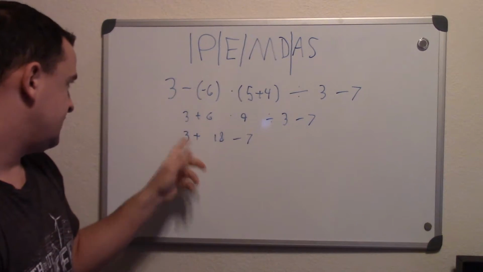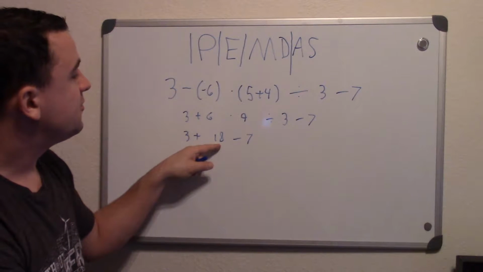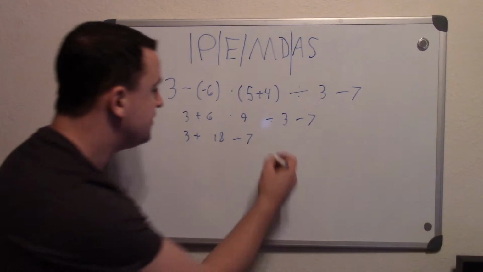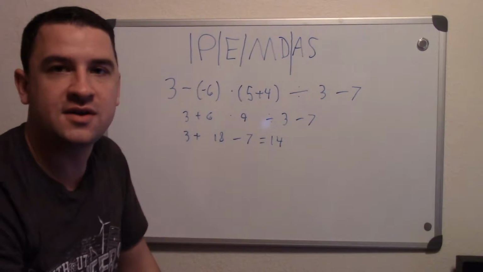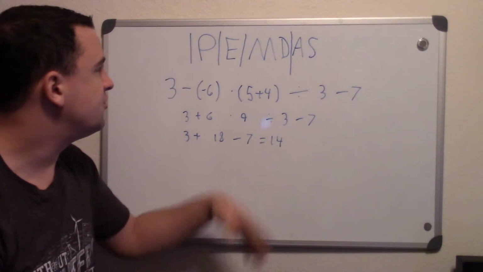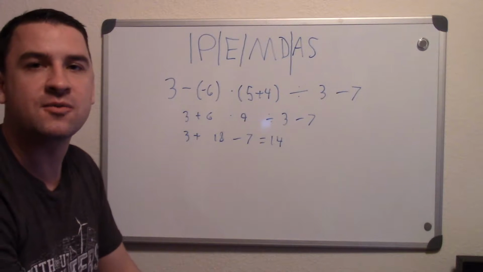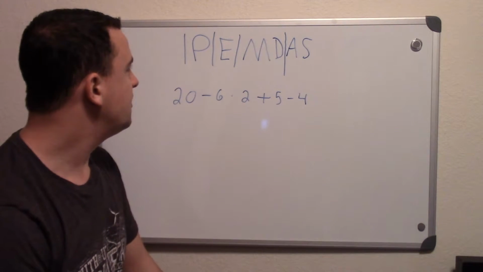So this is 3 plus 18 minus 7. 3 plus 18 is 21, minus 7 is 14. And that's simply how you do that. I'll have a couple more examples, a little more complicated ones.